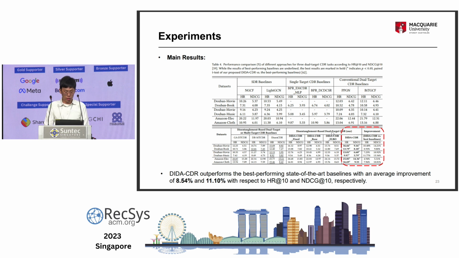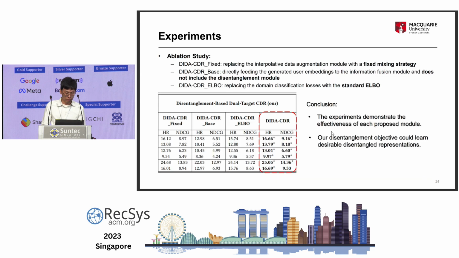We can see that our DATA-CDR outperforms the best performing state-of-the-art baseline with an average improvement of 8.54% in terms of HR and 11.10% in terms of NDCG in all 3 tasks respectively.